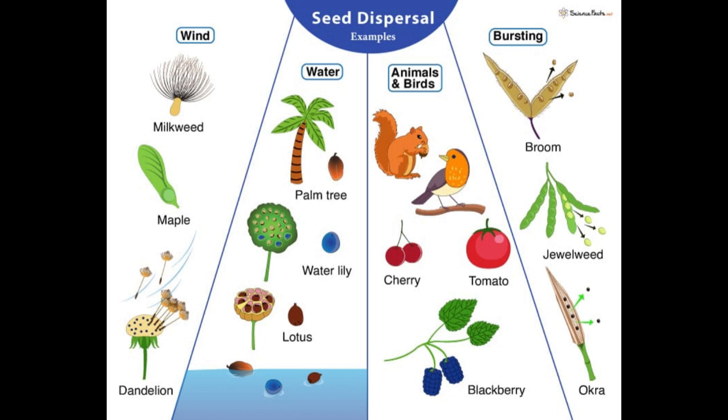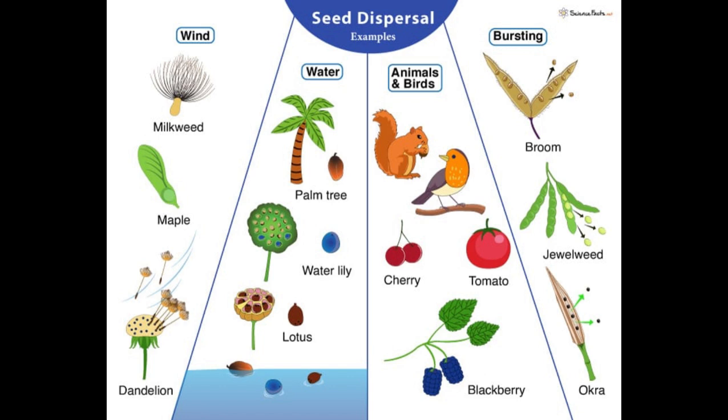Fourth, autochory. Some seeds literally use an explosion to disperse. The seeds of these dispersers reside in pods, and as the pod dries out, it will eventually burst, expelling seeds in every direction.